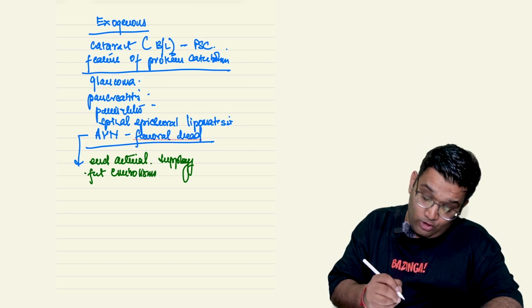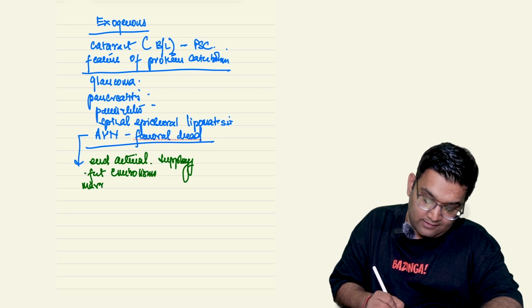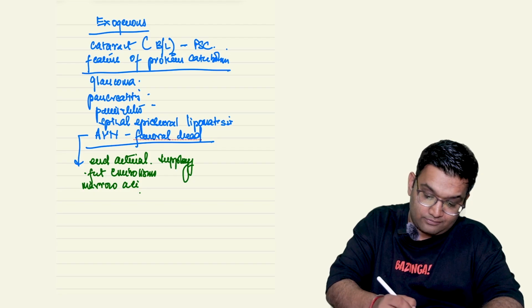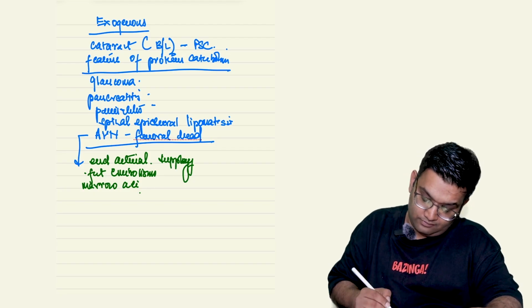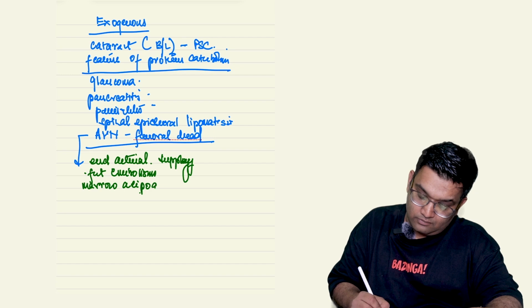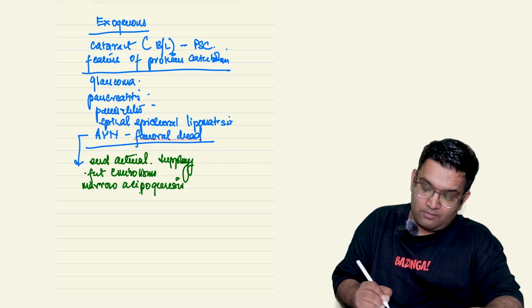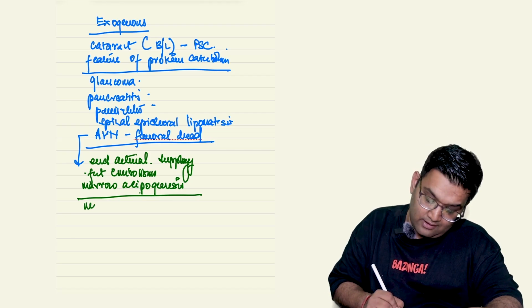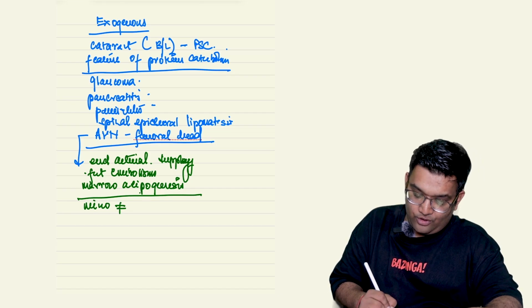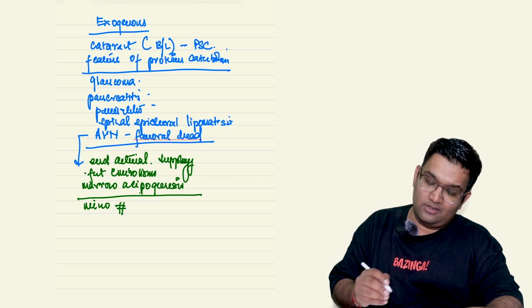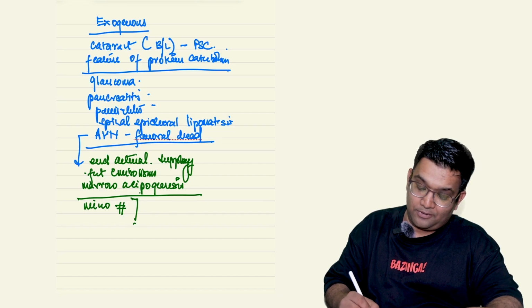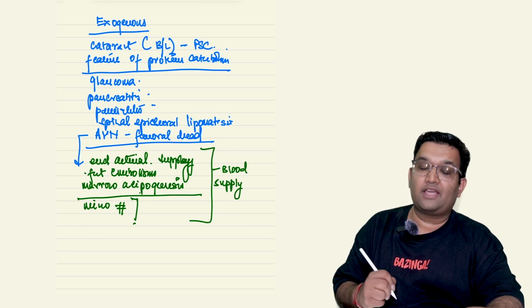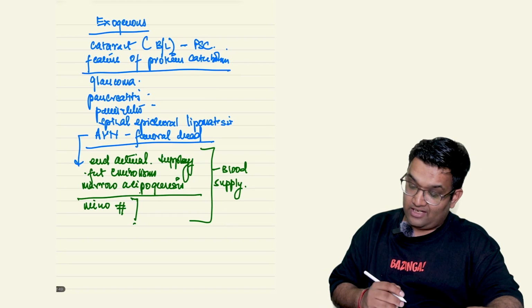Then there is marrow adipogenesis. Then there are going to be microfractures, and they are going to cause problems in the blood supply. So this is going to cause AVN.